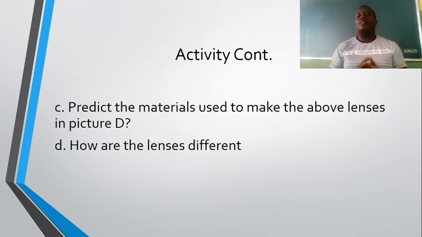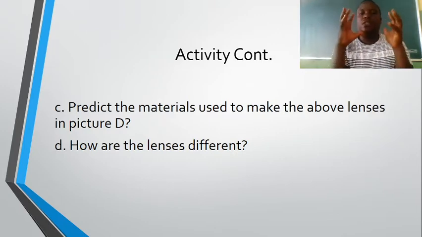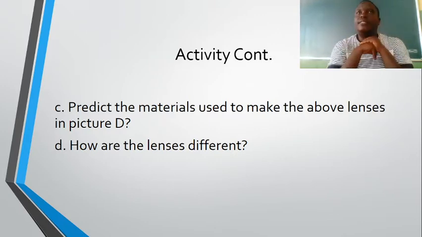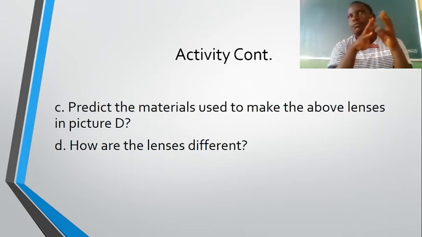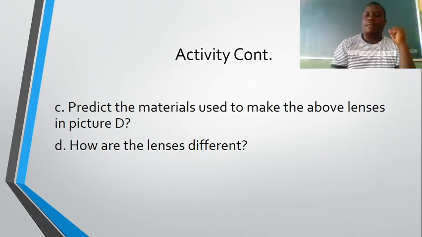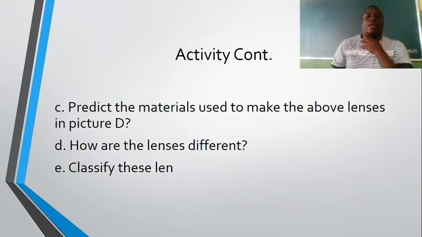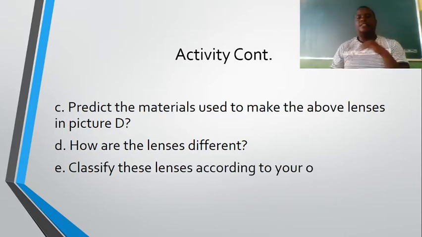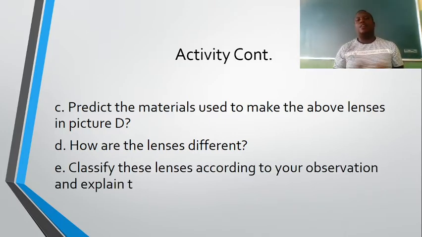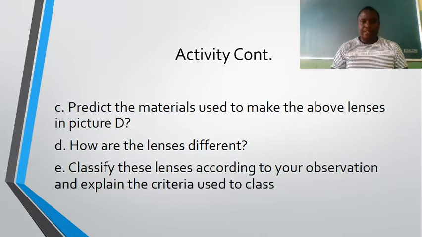How are the lenses different? All lenses you found in image D look the same. Is there any difference? So classify these lenses according to your observation and explain the criteria used to classify them. You can classify them on your own.